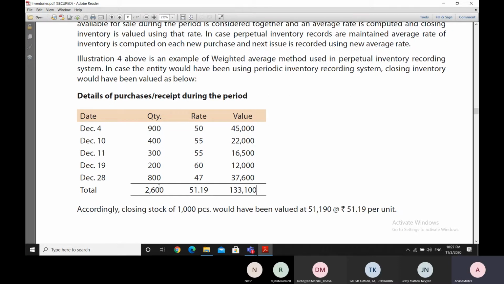with 2,600, and we get a weighted average price of 51 rupees 19 paisa using the periodic inventory recording system. And then we value the closing stock of 1,000 pieces at this rate. So we get a valuation of 51,190.